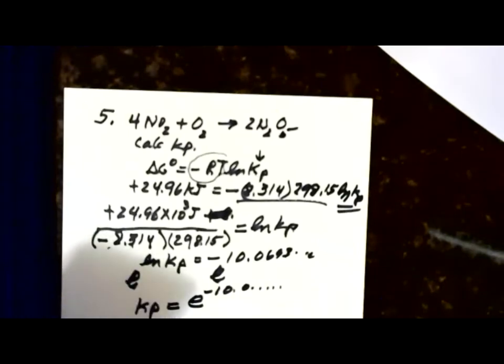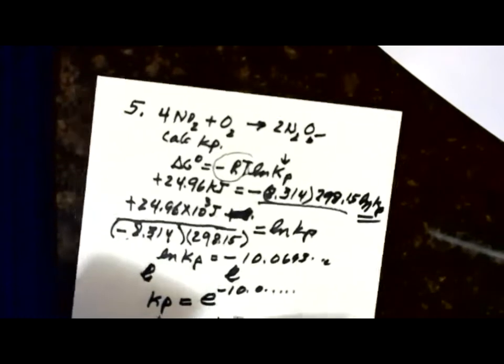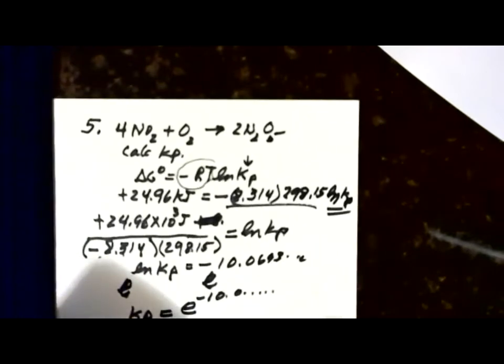And if I raise e to that answer, I get Kp equals 4.2359, some more of the digits, times 10 to the minus fifth.